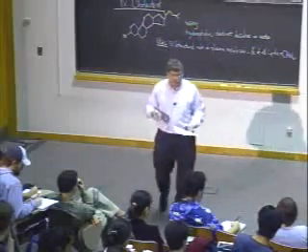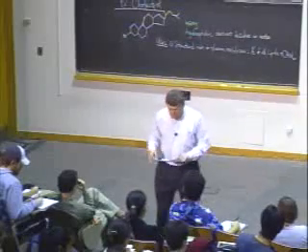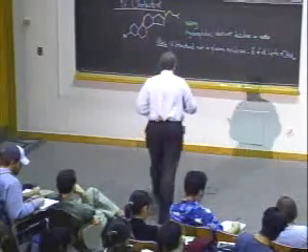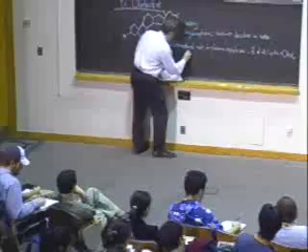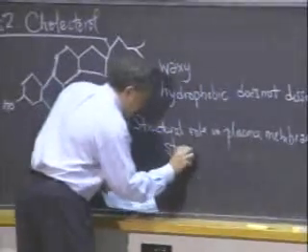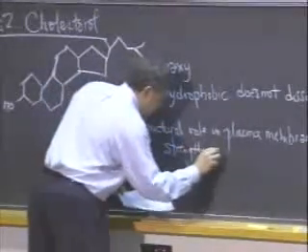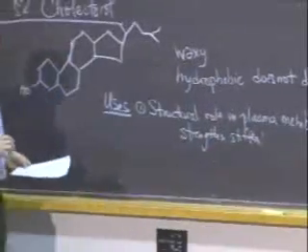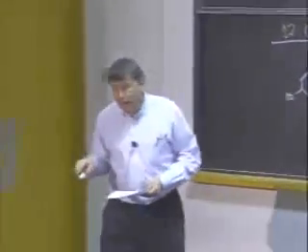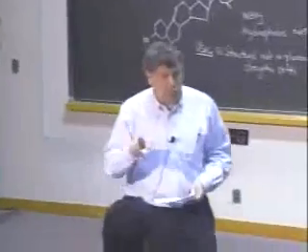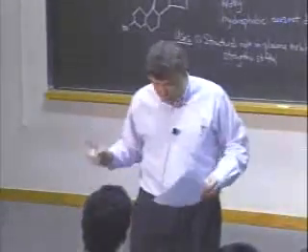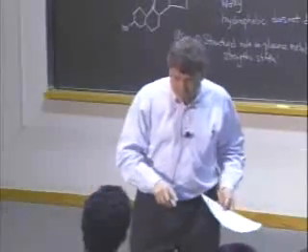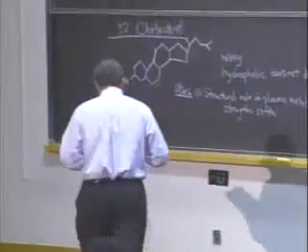Cholesterol molecules, because of their funny shape, help stiffen and strengthen membranes. Also, not only are half of the lipids in your cell membranes cholesterol, half of the cholesterol in your body is in the cell membranes. So that's the major location of it.